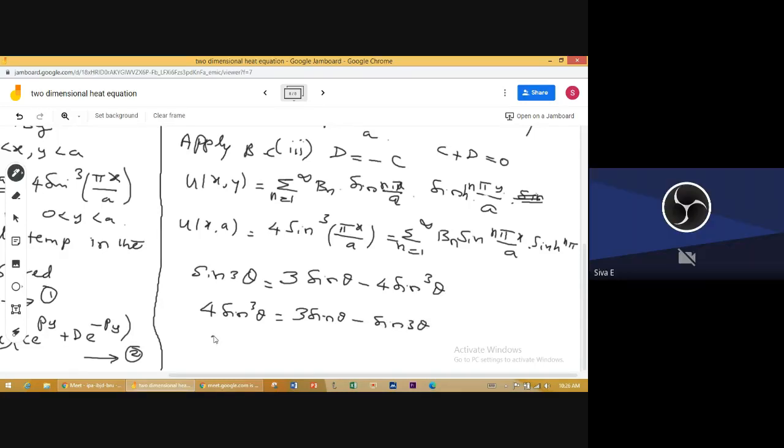So 4 sin cube pi x by a equal to, instead of theta you have to substitute pi x by a: 3 sin pi x by a minus sin 3 pi x by a.